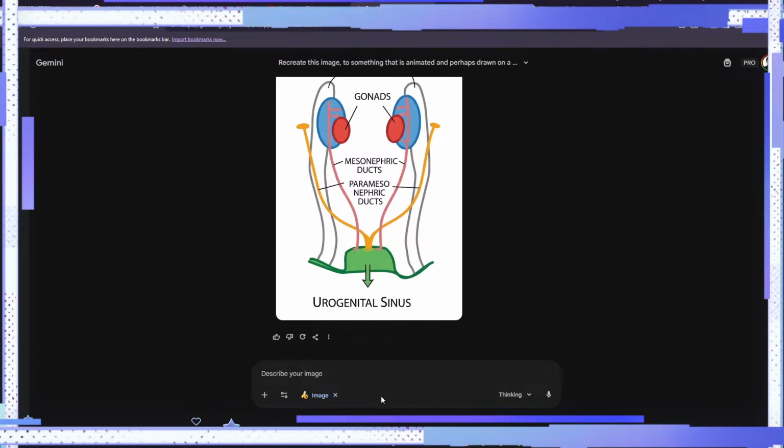Whoa, I like it. I like it. But it feels slightly off-putting. Make it feel like a sketch drawn on a whiteboard. Proper feel.